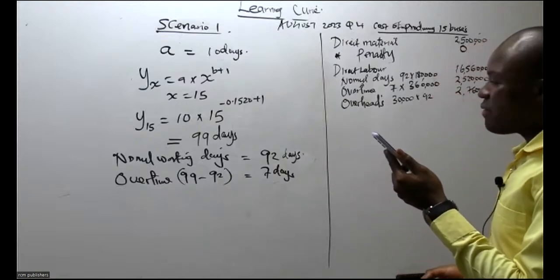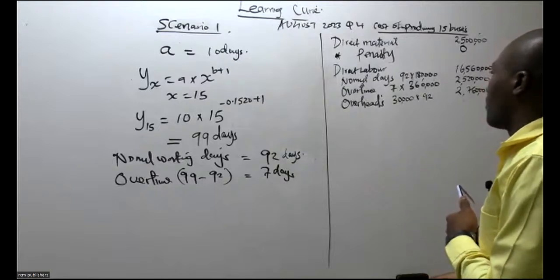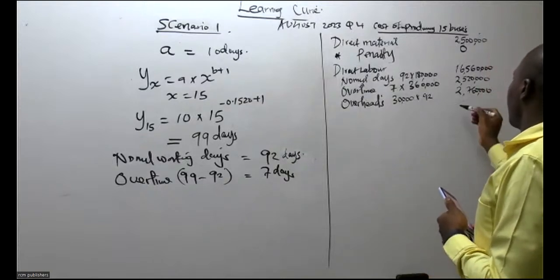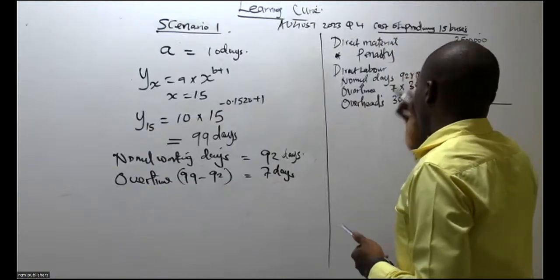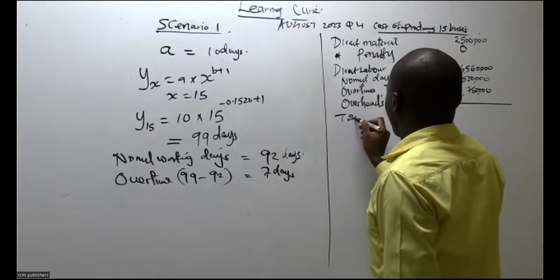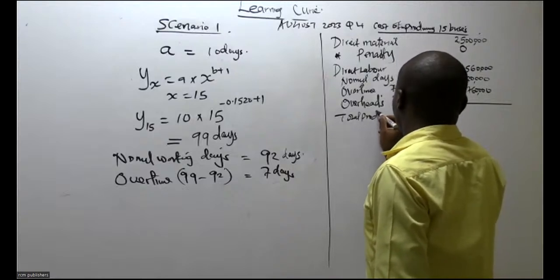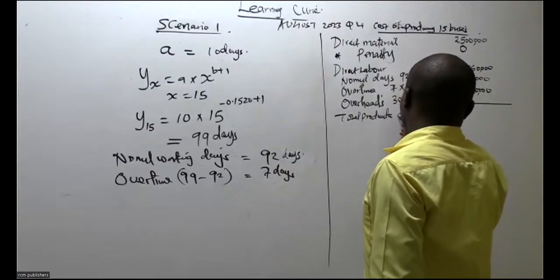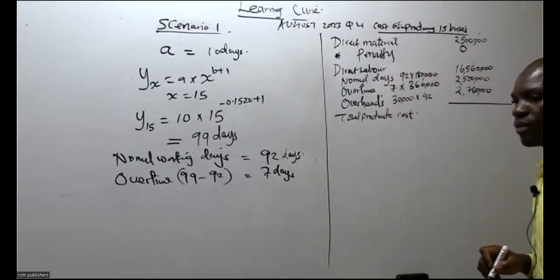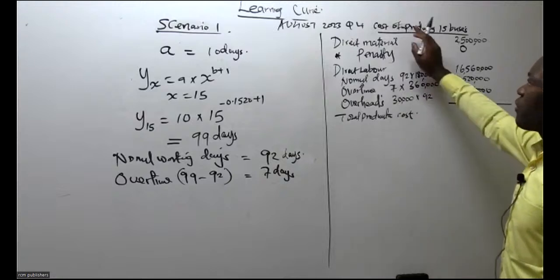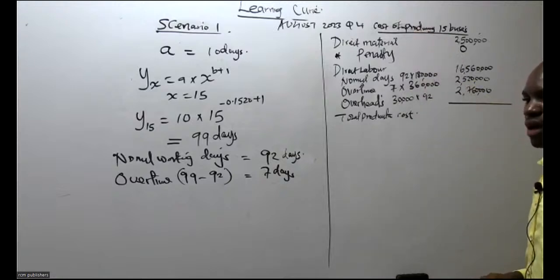Do we have any cost incurred? There is none. So give us the total production cost of 15 buses under scenario 1.